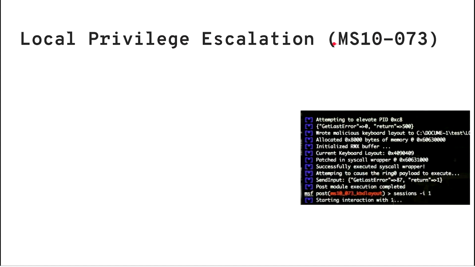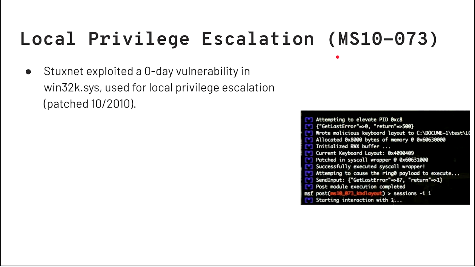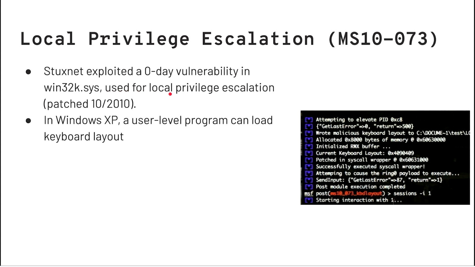This has been reported as MS10-073, and it was a 0-day vulnerability in win32k.sys that was eventually patched in October of 2010, and that vulnerability was used by Stuxnet for privilege escalation.